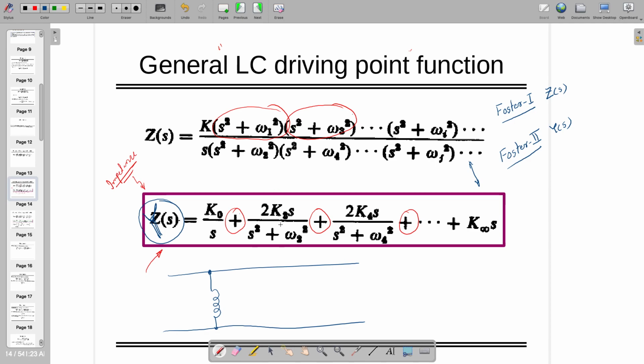Similar to impedance, where this was giving the shunt combination of inductor and capacitor, this is going to give you the series combination of inductor and capacitor, and so on. It might be that you will have a capacitor at infinity with the value k infinity, and this will be k, right? So this is Foster 2 and this is Foster 1.